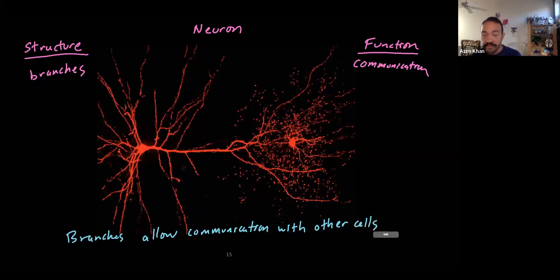Other places, other cells. So what we've seen here is that whether we're looking at the brain, which is a gross anatomy, large structure, or the neuron, which is microanatomy, a very small structure, relatively, regardless of what level of organization we're looking at, we can always study how the structure of something, the anatomy of something, relates to its function.